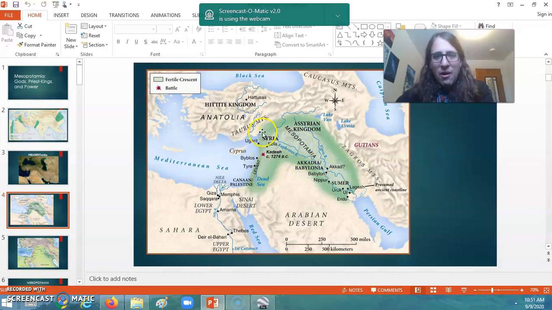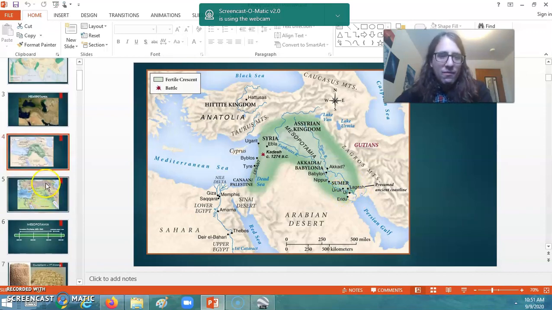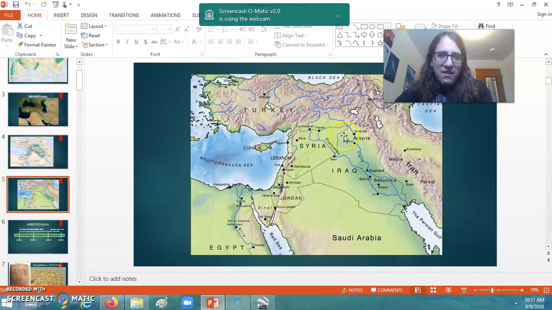So this is the part of the world that we're talking about, and in particular, we're going to start off looking at the cities over here near the coast. Okay, and again, as you can see, in this basically Syria and Iraq, Iran's over here.